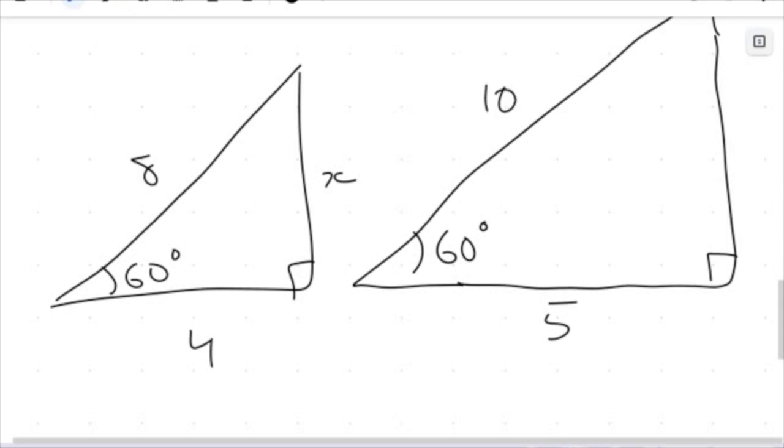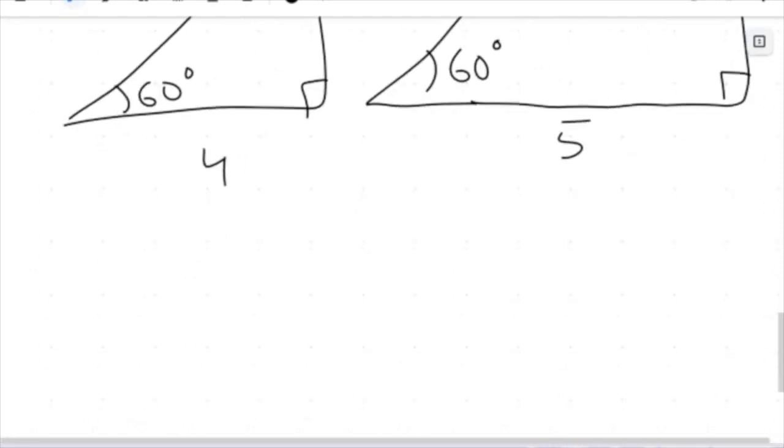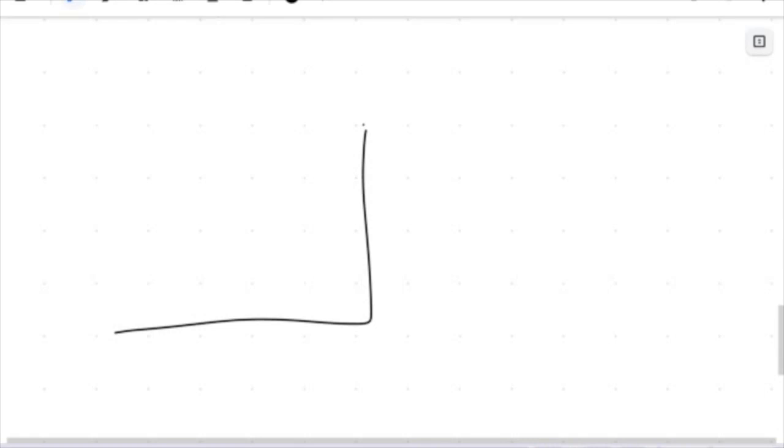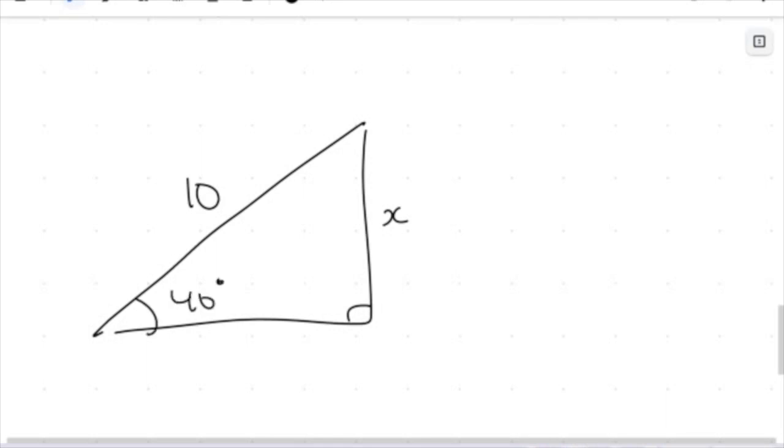They will always work. So this is why, when we go into solving some problems, when we have, for example, something like x and 10, and we have an angle of 40, this is why we can set up the ratios. Because here, let's look at the sides.